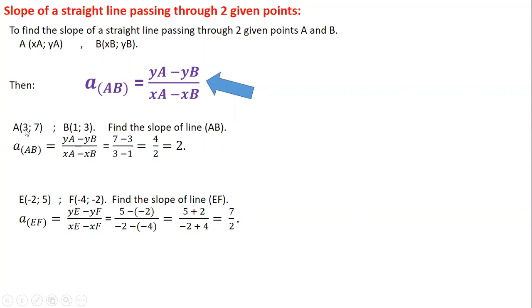XA is the abscissa of A. What's the abscissa of A? 3. Minus XB, the abscissa of B. What's the abscissa of B? 1. Okay, is it hard to replace in the rule? We just replace. So 7 minus 3 over 3 minus 1. Now we subtract. 7 minus 3 is 4. 3 minus 1 is 2. I divide the fraction. 4 over 2 is equal to 2.